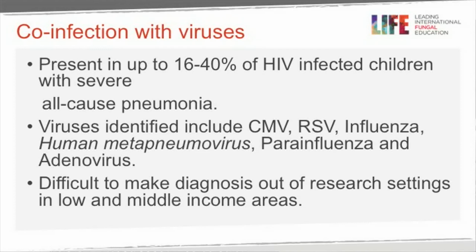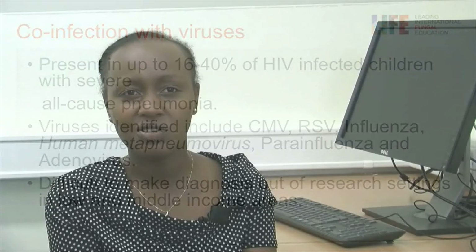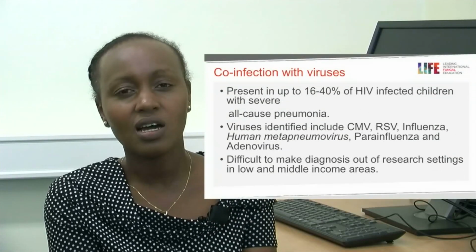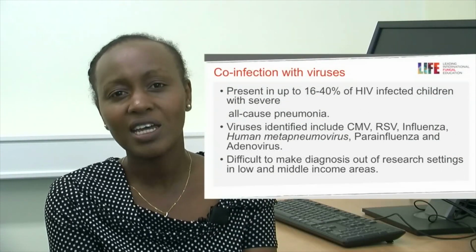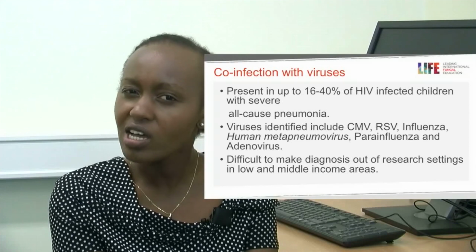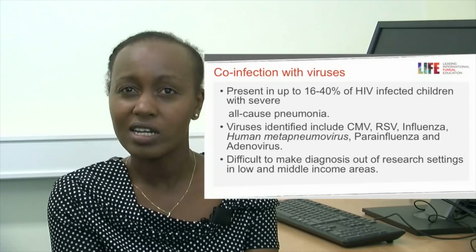Now, it's difficult to make a diagnosis outside of research settings for viral causes of pneumonia, especially in low and middle income areas. And the other really big problem when a virus is isolated is finding out, is this really a pathogen or is this just a colonizer?